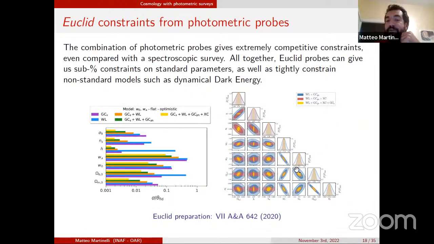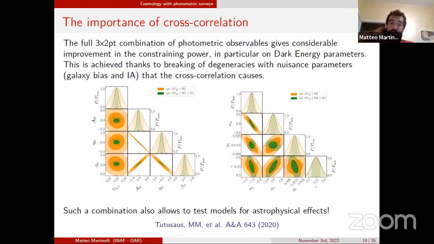You can see this, for example, on the w parameter, a parameter of dark energy, in which adding the spectroscopic galaxy clustering doesn't bring much. So it shows you that for some of the parameters, already the photometric survey alone could be enough to get extremely powerful constraints.